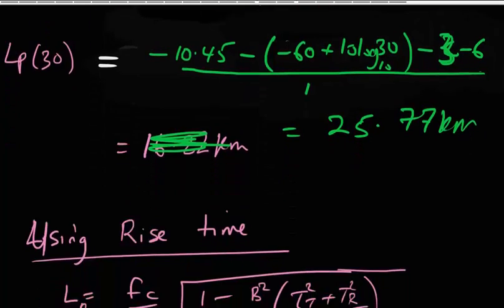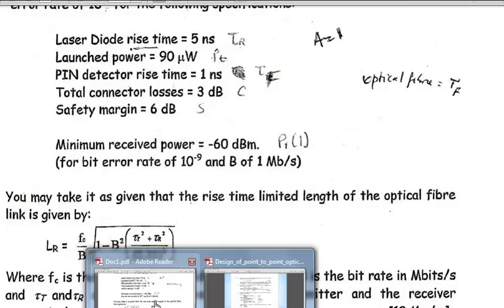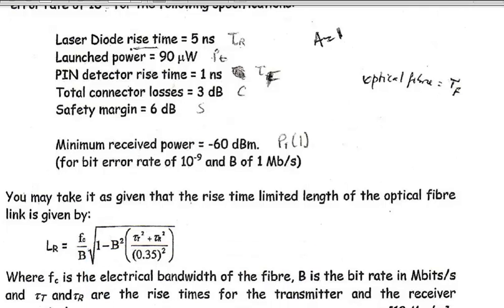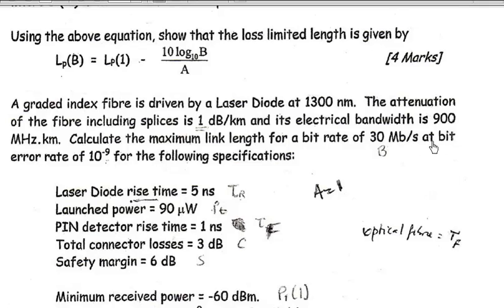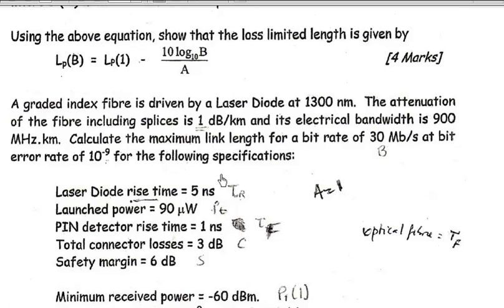So we now use rise time. What's our FC? 900 electrical bandwidth, right? Yes, 900 times 10 to the power 6. Then the normal bandwidth was given as well? 30.